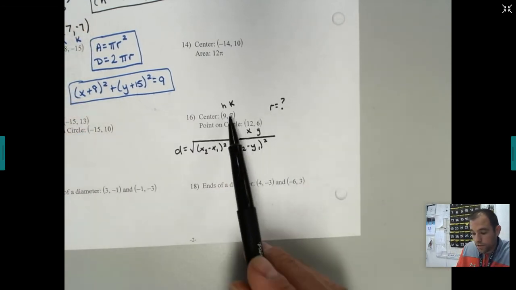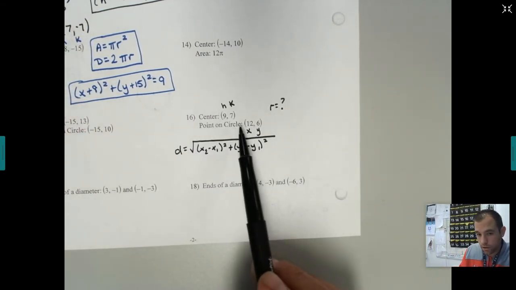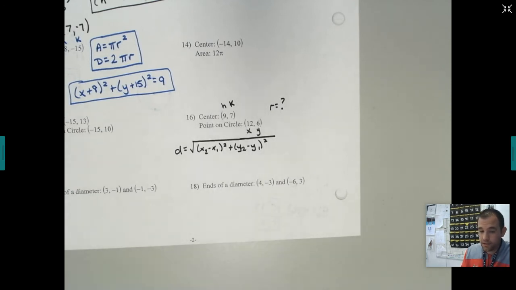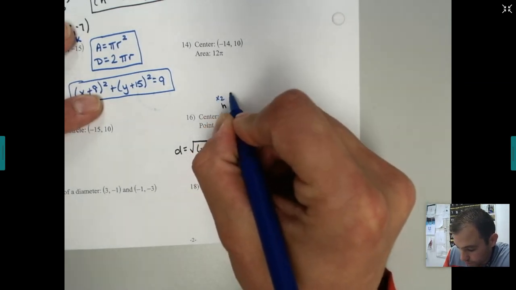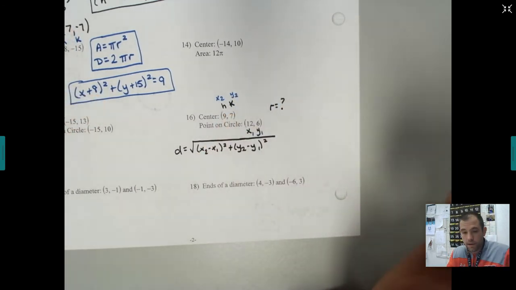And I'm going to use these two as my x1, y1, x2, y2. It doesn't matter what you pick. You just need to be consistent with it, okay? So I'm going to call this x1, y1, and I'm going to call this x2, y2. Okay? Doesn't matter which one you pick.